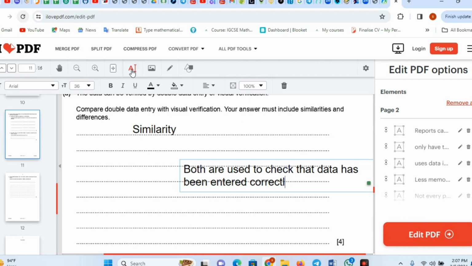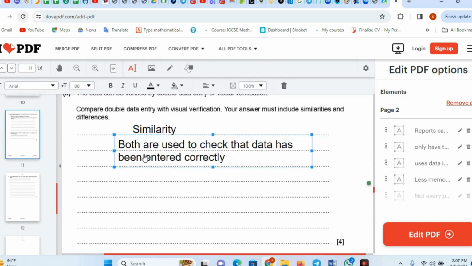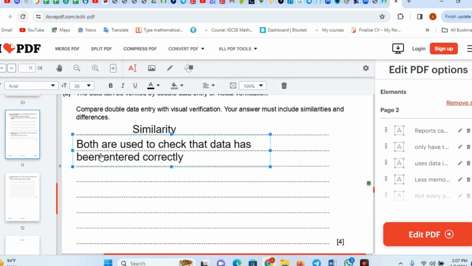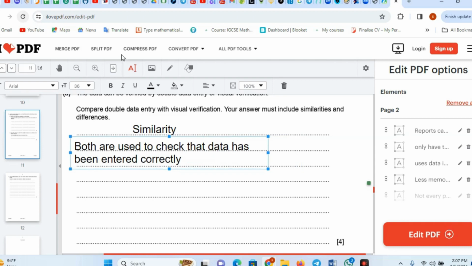That is the number one similarity between double data entry and visual verification.